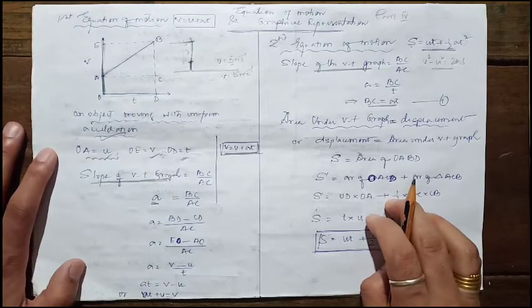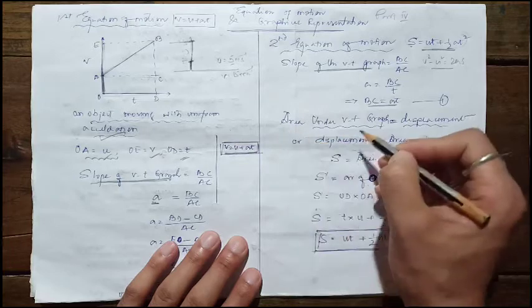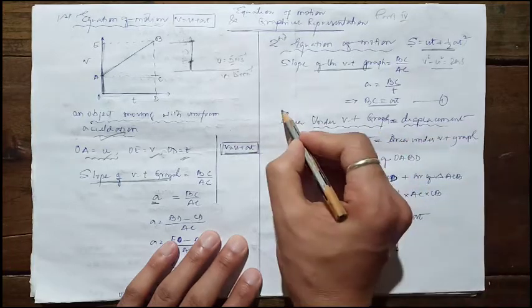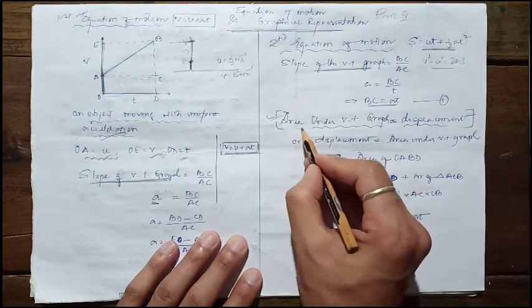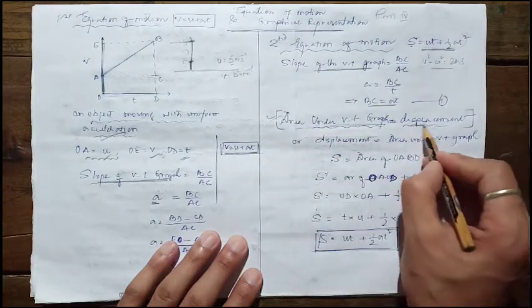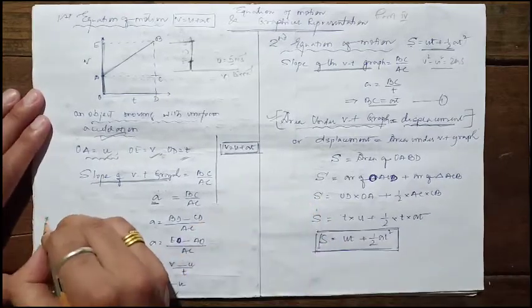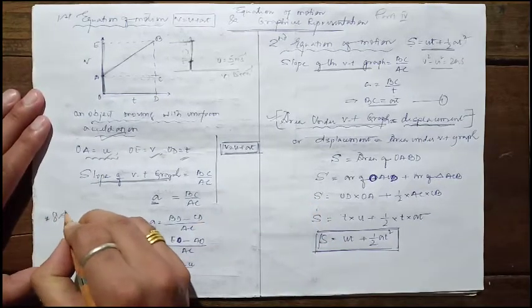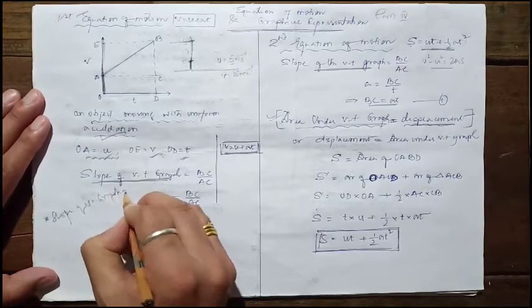Now, students, before we proceed, we must remember one more very important property: the area under the VT graph equals displacement. Let me write two important points here. First, the slope of a VT graph gives us acceleration.